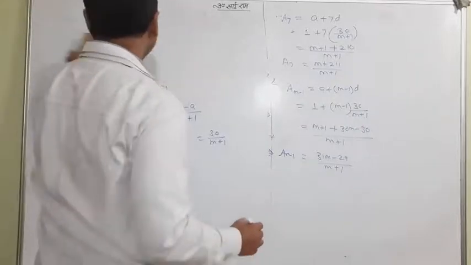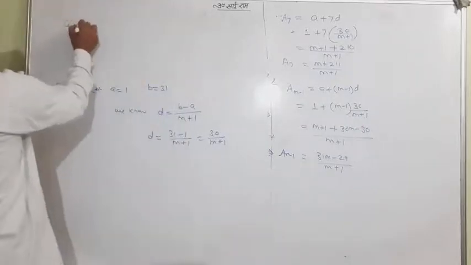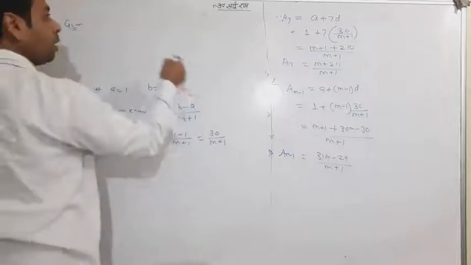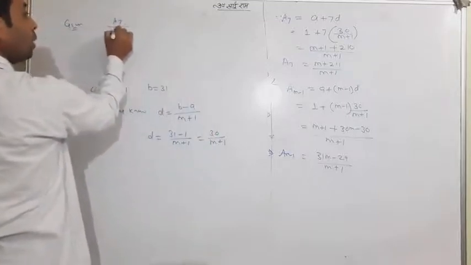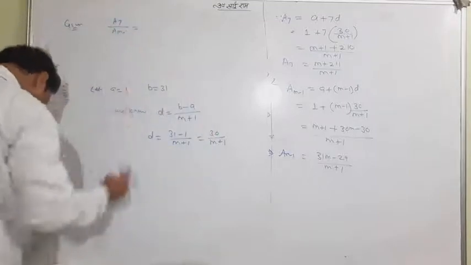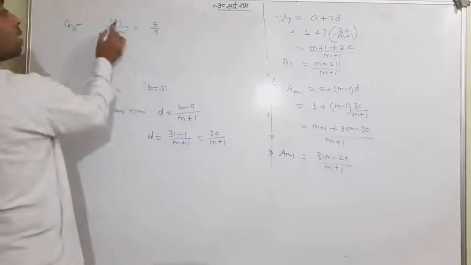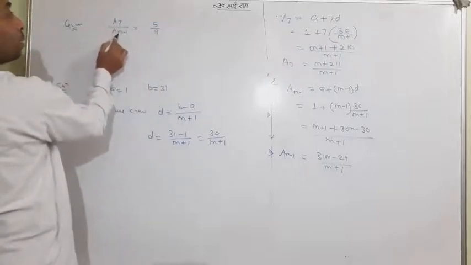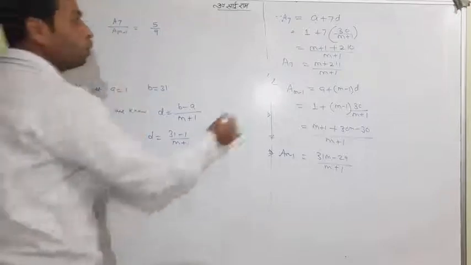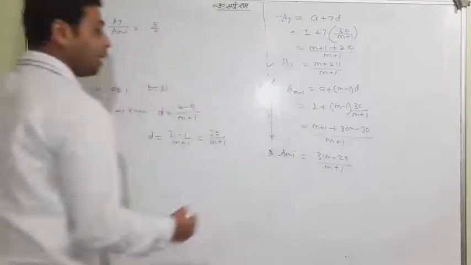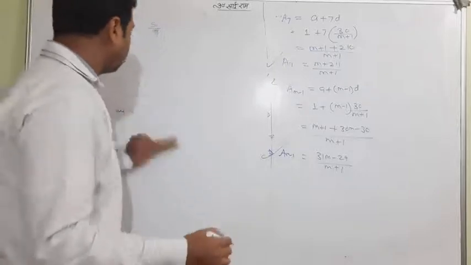Now what we'll do? We want to find m. We are given that A7 upon A(m minus 1) is equal to 5:9. The seventh mean term and the (m minus 1)th mean term have a ratio of 5:9. We already have both, so we put the values here.